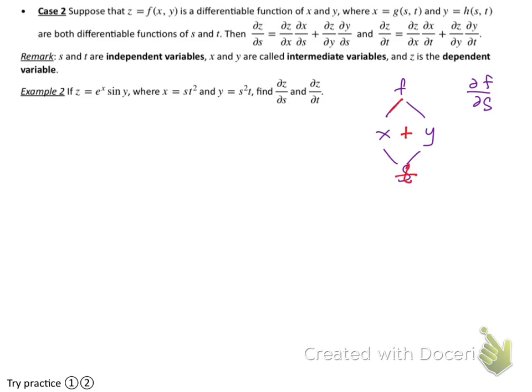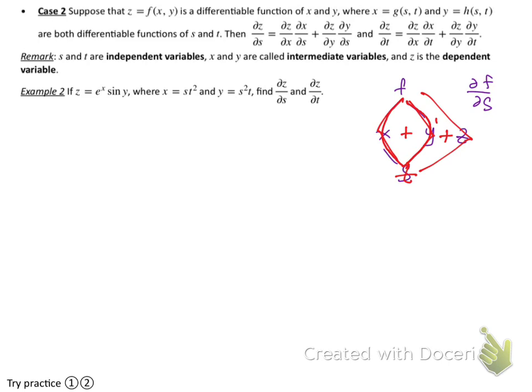Then you do partial z partial x partial x partial t plus partial z partial y partial y partial t. Here, actually, instead of using f as a function, I use z as the variable. But that's the idea. On each path, you have a product. If you have another variable z, then you get another path. You just add them together.